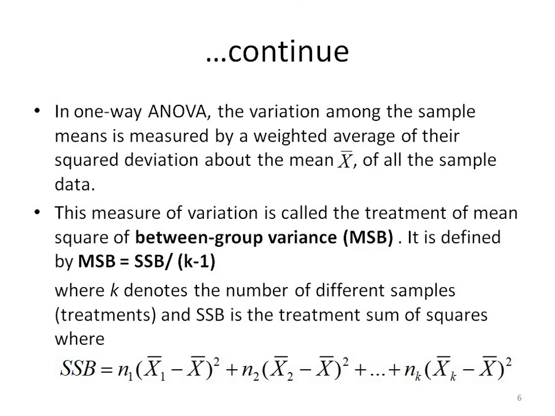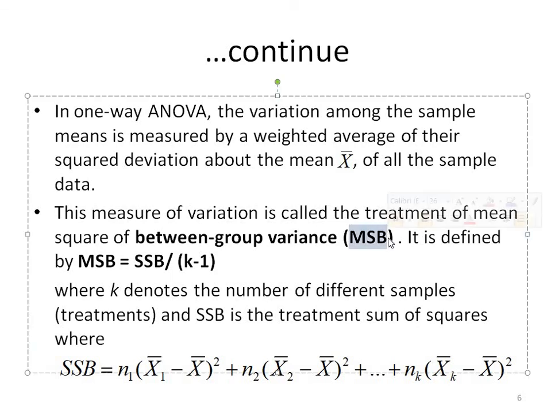In one-way ANOVA, the variation among the sample means is measured by a weighted average of their squared deviations about the mean of all the sample data. The measure of variation is called the treatment mean square, or between group variance, which we can also write as MSB.